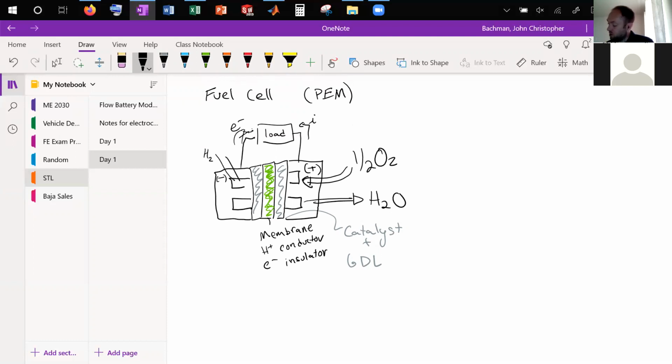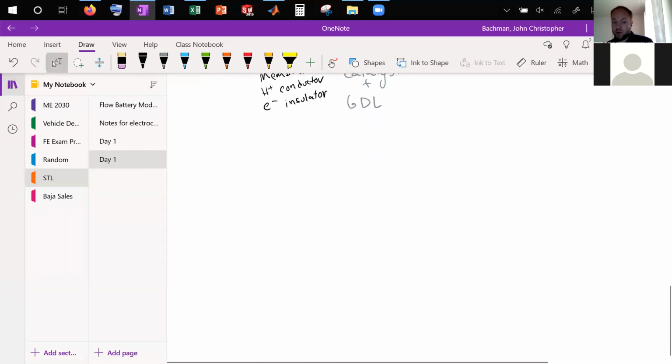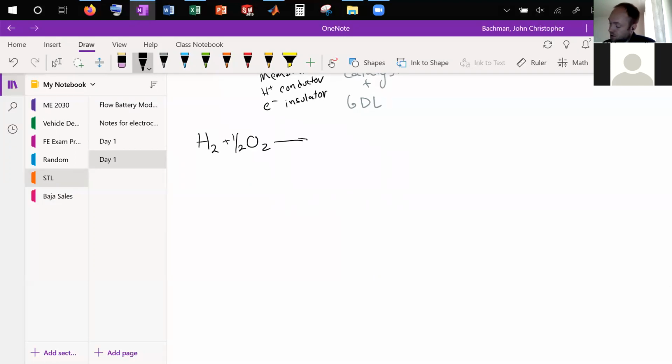And so what we can say is, first I should first write the full reaction. So the full reaction is this hydrogen plus oxygen turning into water, right? And so in half reactions, we're going to split this into two half reactions on each side.